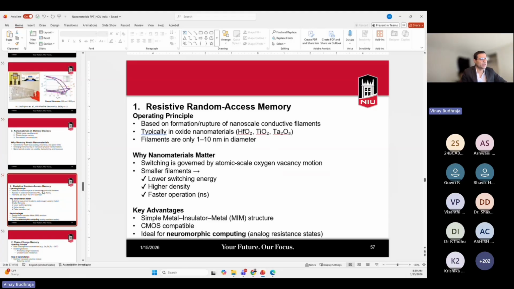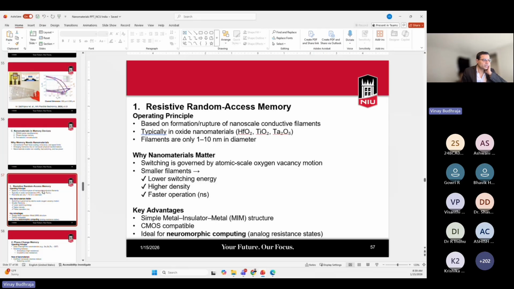First is resistive random access memory. The operating principle is based on formation of nanoscale conductive filaments, typically in oxide nanomaterials like HfO2, TiO2, and Ta2O5, and the filaments available for fabrication are in the 1 to 10 nanometer range. Switching is governed by atomic-scale oxygen vacancies, and it gives rise to lower switching energy, higher density, and faster operation.